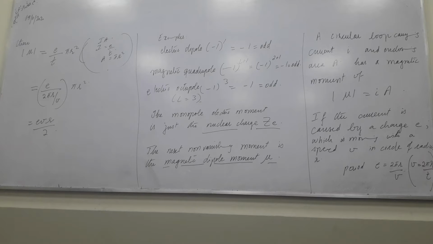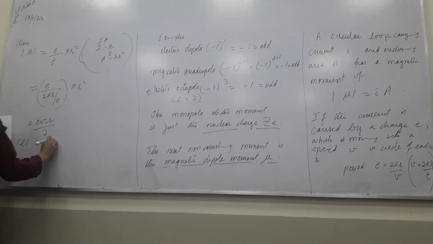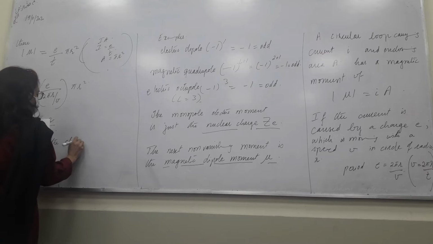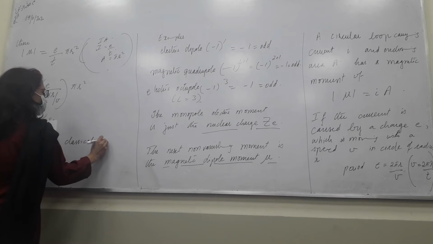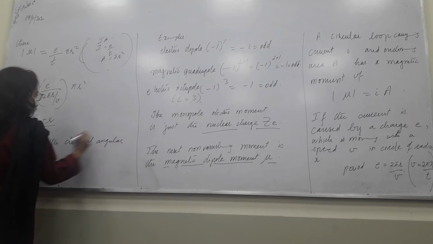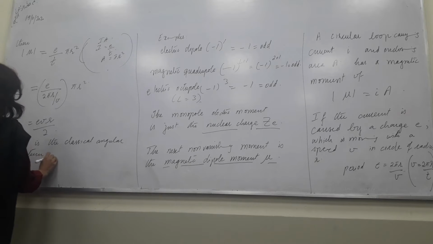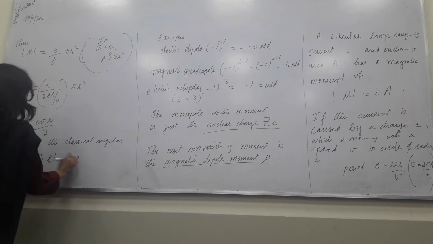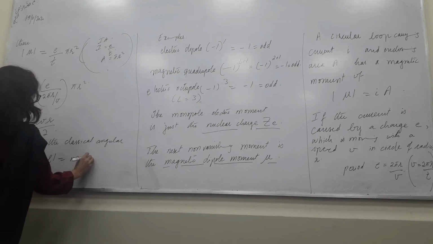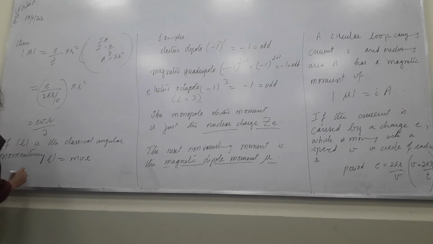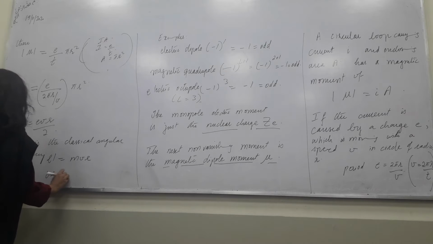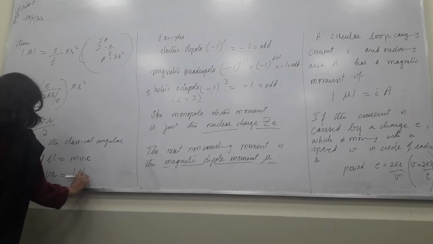And if L is the classical angular momentum, then L is equal to m V r, and V r is equal to L divided by m.